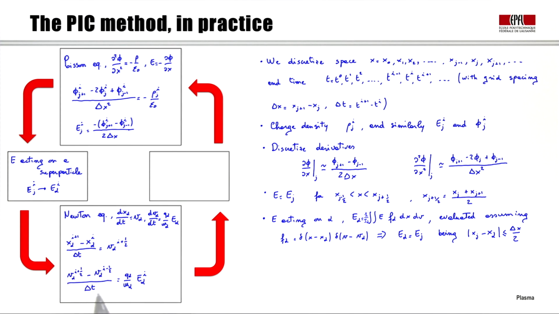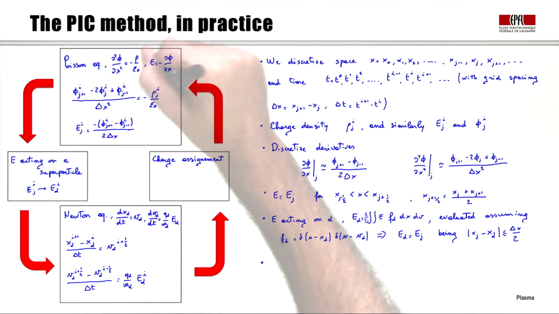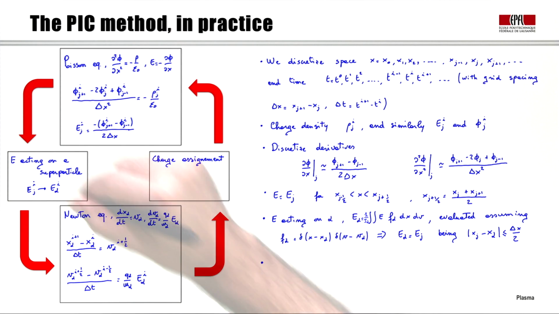And by advancing particle velocity and position, we can assign the charge to the spatial grid that we are considering, in order to evaluate the charge in each cell. This will allow us to solve the Poisson equation.